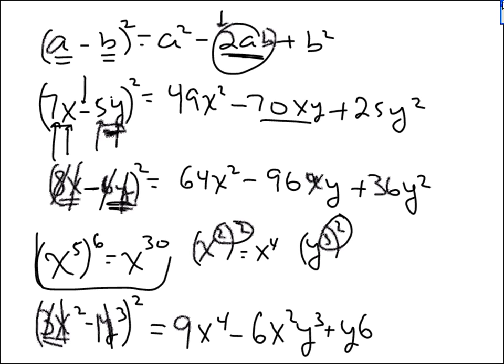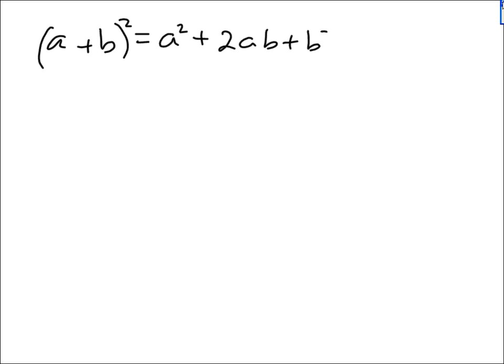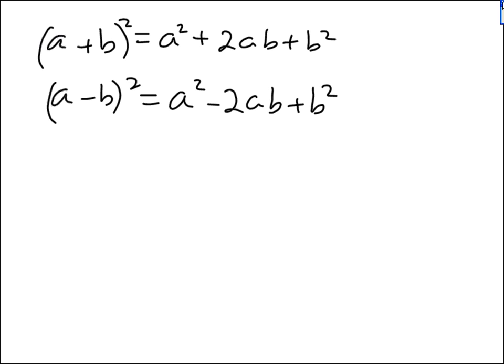Okay, you can do these problems. It's definitely doable. Okay, that completes this section on squaring binomials. Know your two formulas. In fact, let us write the formulas down in one place. A plus b squared is a squared plus 2ab plus b squared, and a minus b all squared, well, that's a squared minus 2ab plus b squared.